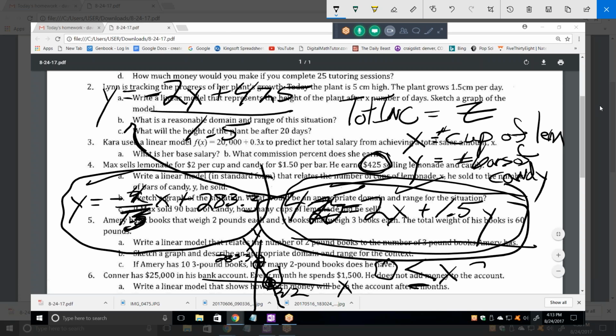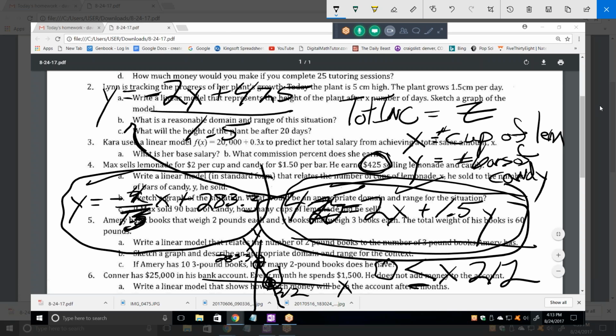212. In other words, the number of cups of lemonade she must have sold has to be between 0 and 212. If she'd sold 213 cups of lemonade, she'd have made $426 and counting, plus whatever she makes per candy bar.